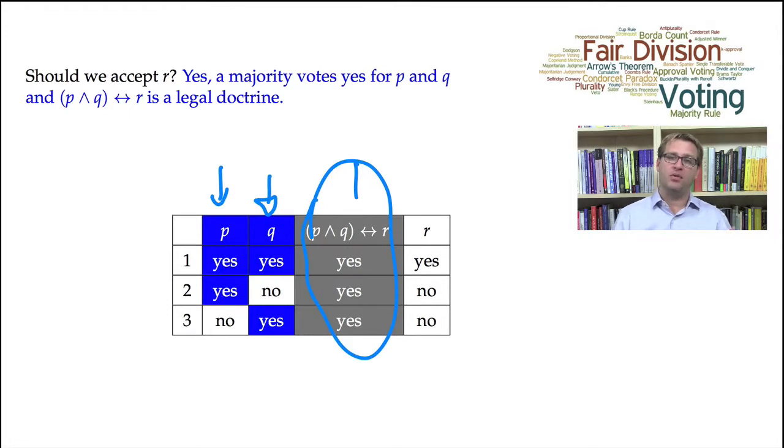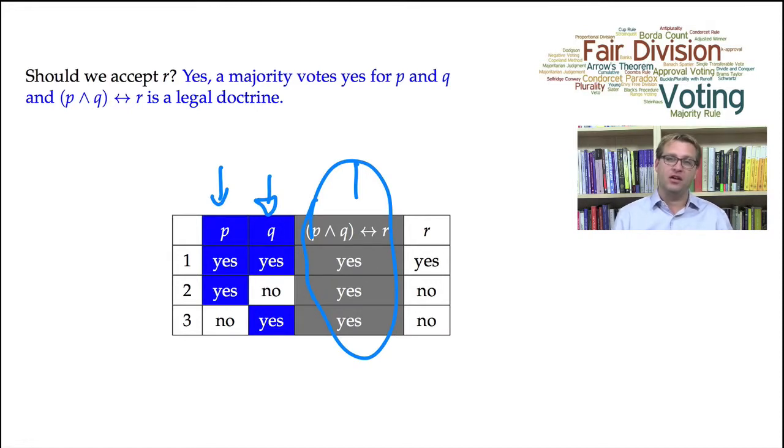So the paradox arises because if we think about the question, what does the group judge? What's the group's judgment of the proposition R? If we think of that question, there seem to be two inconsistent ways of answering that.